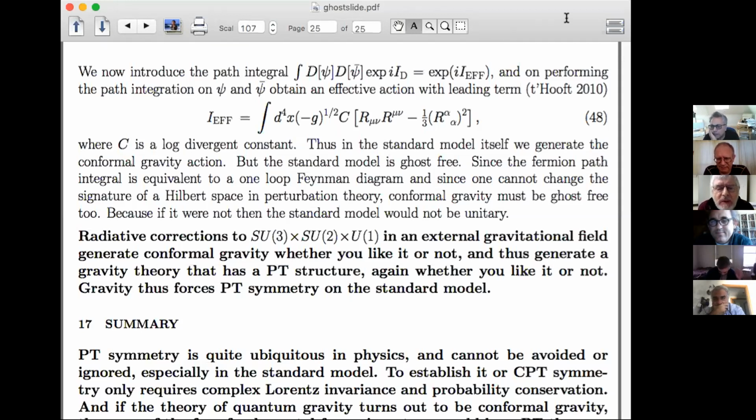Yeah, let me state what's going on. What Lee and Wick were interested in was, could they write down a finite theory of quantum electrodynamics? Now, quantum electrodynamics, if you look at the fermion propagator, starts out log divergent.